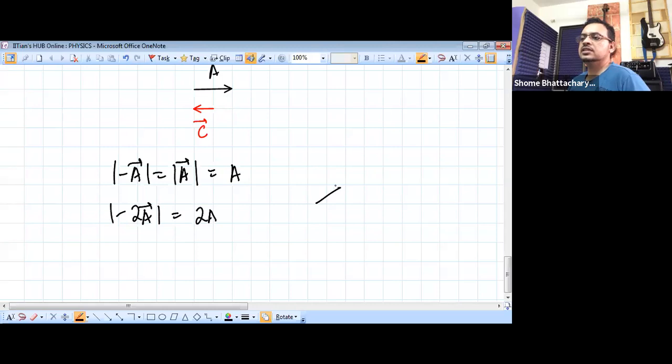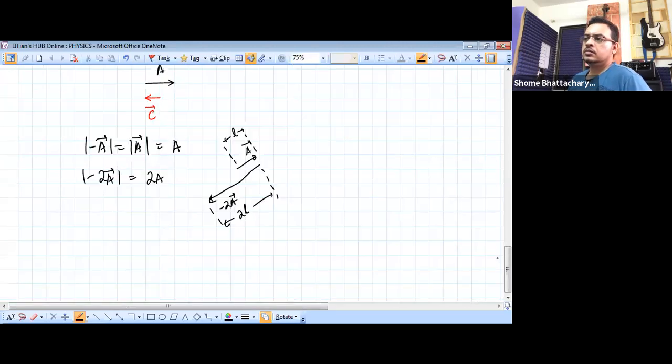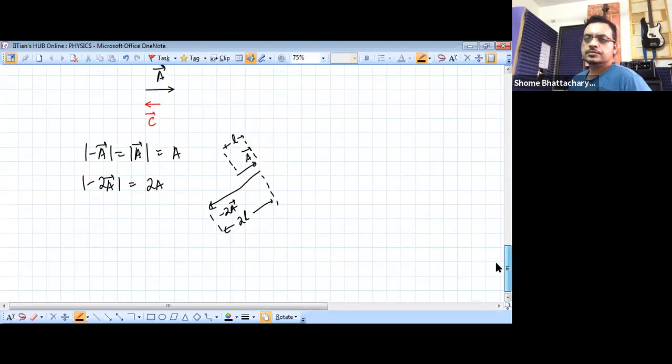Because if this is A, then minus 2A is just this. So it has a length which is double compared to this length, whatever this length is. That's one. But the direction is opposite. So hope this is clear, people.